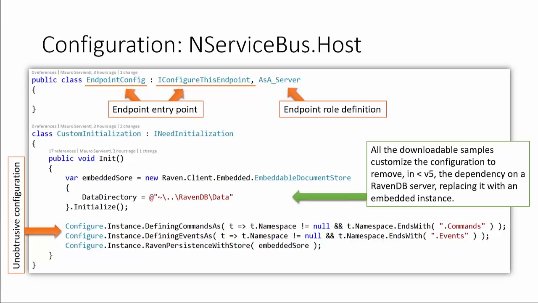The main advantage of this behavior is that we are not required to decorate our messages with NServiceBus interfaces. That means that we do not introduce a dependency on NServiceBus in our message classes, and we can have POCO commands and POCO events.